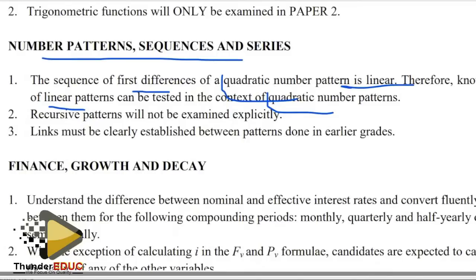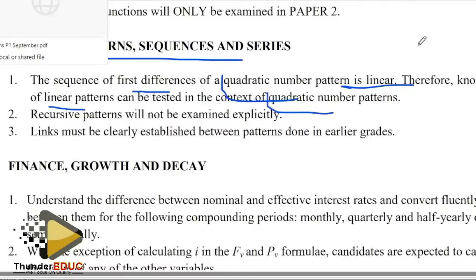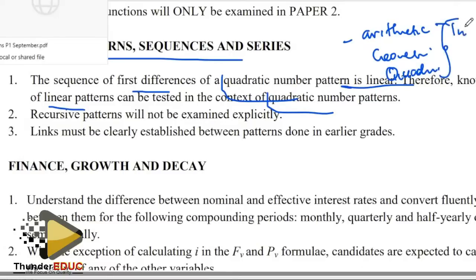And so remember, guys, that when we talk about number patterns, we have what we call the arithmetic, the geometric, and then the quadratic. What is important with all 3 is that we need to know what their Tn, the nth terms, are: a plus n minus 1 into d, a r to the n minus 1, and then an squared plus bn plus c.